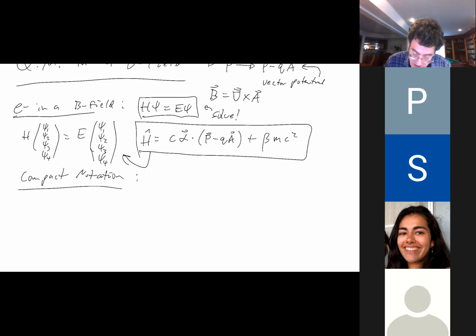And the compact notation is that alpha can be written as 0 sigma, sigma 0. I already introduced that before.